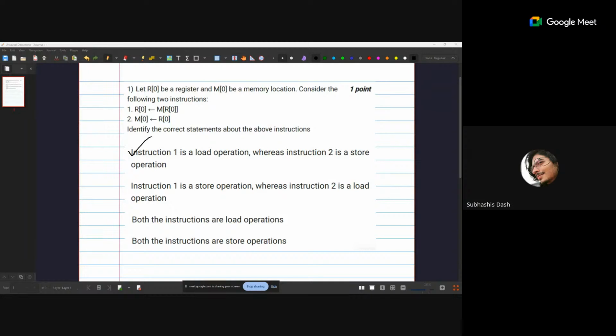So the next one is, what is the primary purpose of cache memory in the CPU architecture? Can anyone answer this without options? Okay, so I'll just provide options.